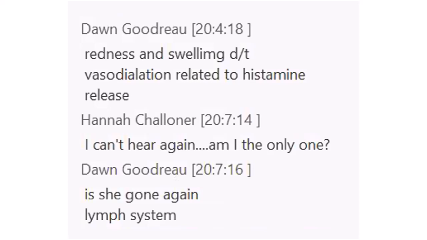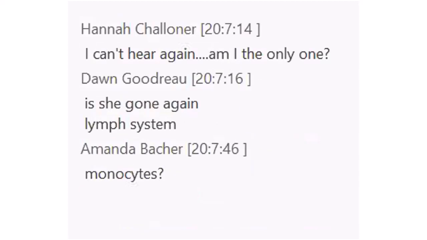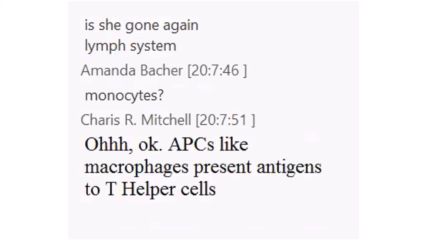The lymph system. So that's part of it. We will drain, and that is the other part of it. So we have all this exudate, then will drain into the lymph vessels, into the nodes, where if there's a bacterial component to it, it can interact with an immature B lymphocyte.